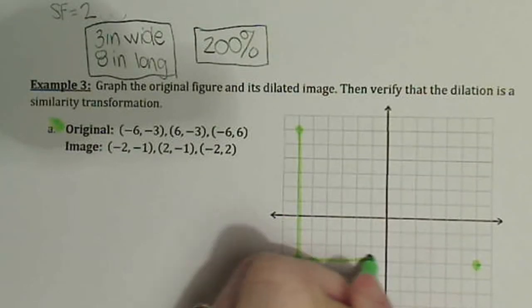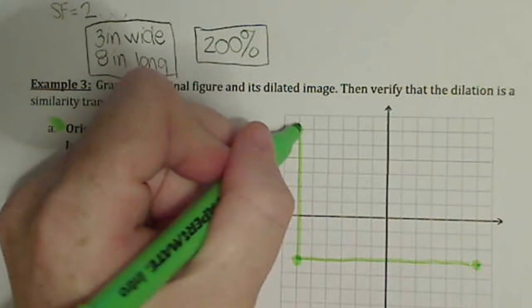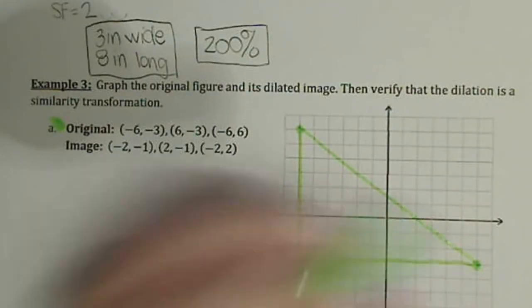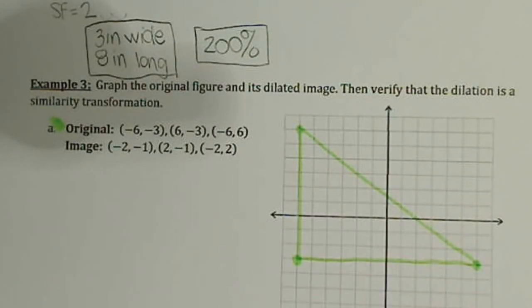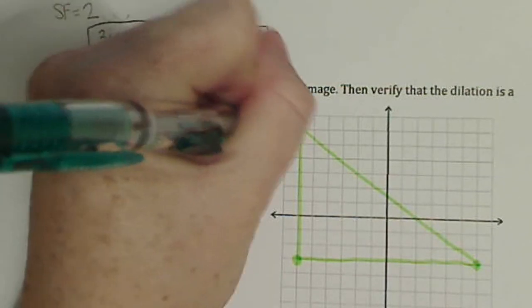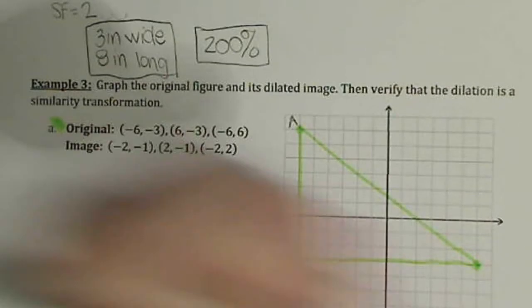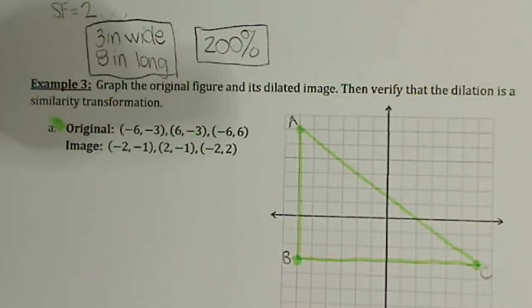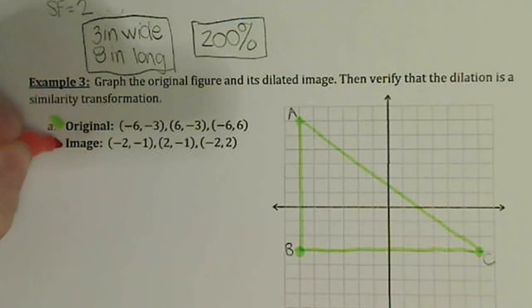You may want to use a ruler if you do not draw straight. And I'm going to label my points. This is going to be A, B, and C, just so it'll be easier when we have to verify. And we're going to graph the image or the dilation.